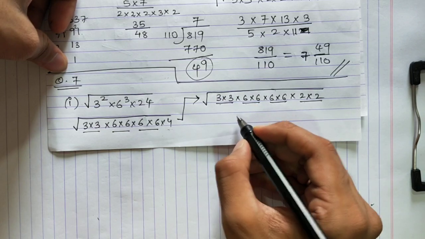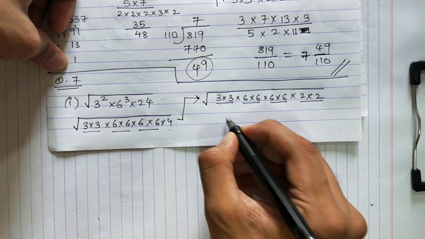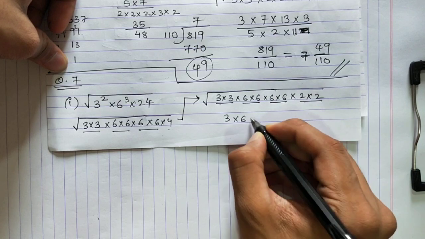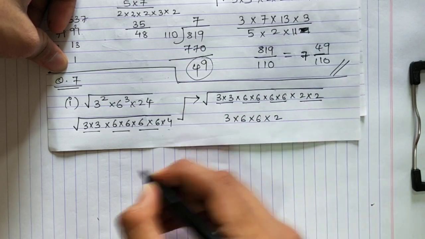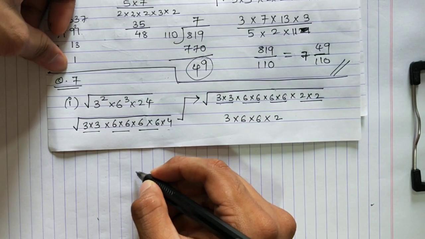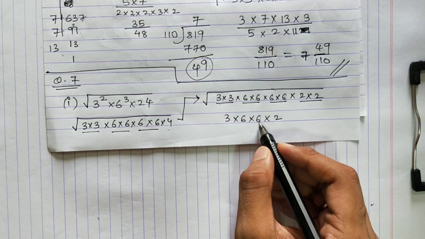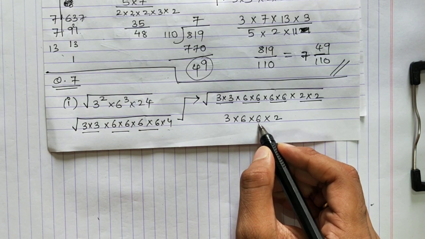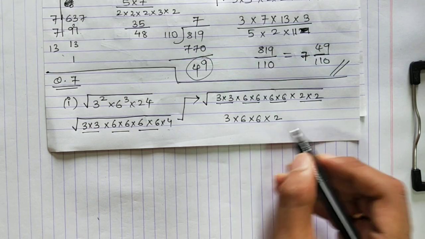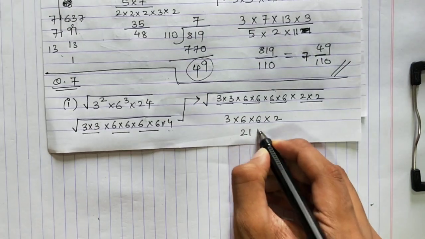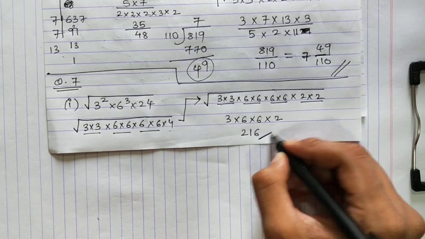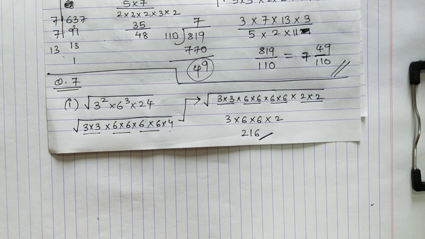So I will remove the root sign and I'll write one number from each pair. So 3 into 6 into 6 into 2. So this is 18. 18 into 6 is 108 into 2. That is 216. This is the answer.